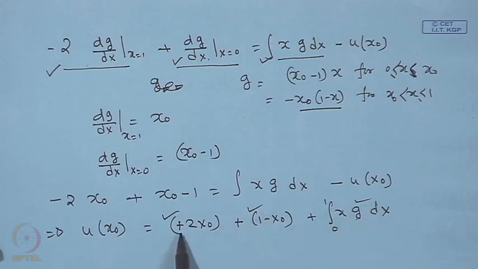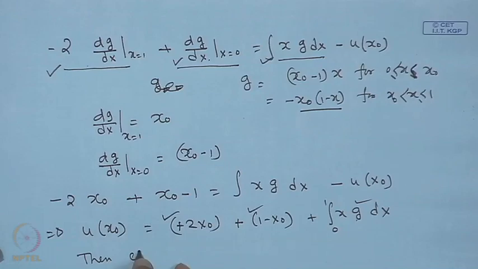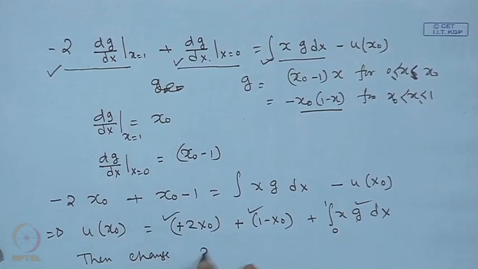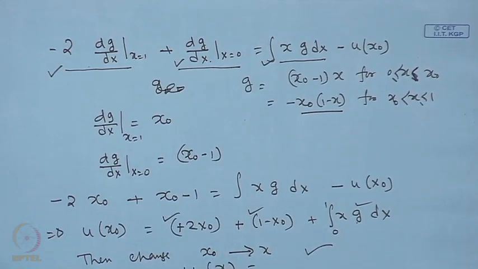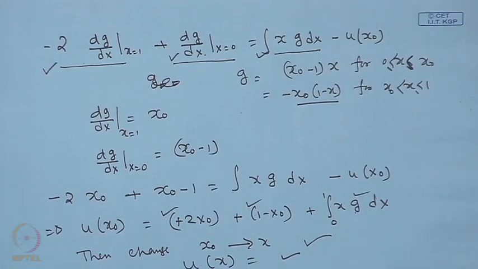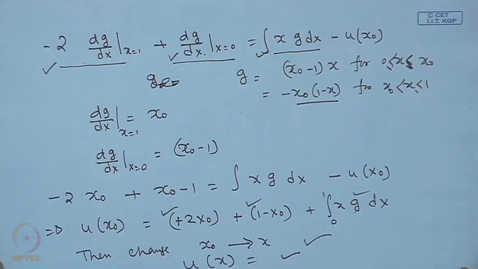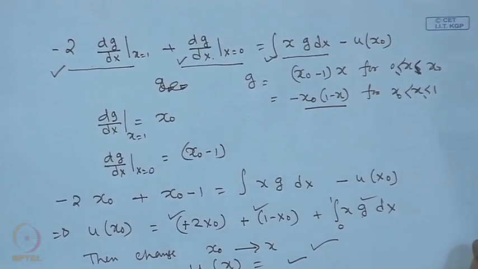So, you will be getting everything on the right hand side in terms of x naught, then change the running variable x naught to x and you will be getting a complete solution in terms of u as a function of x. So, that is how the Green's function method is utilized for the solution of the differential equation and you will be getting the solution soon.